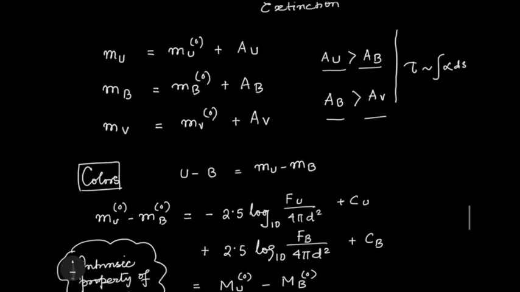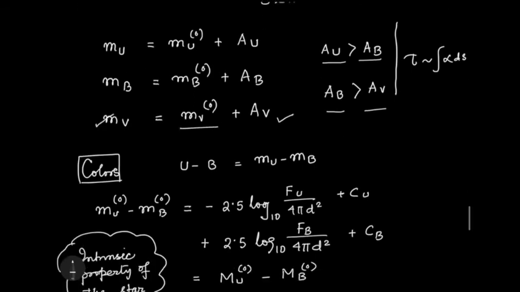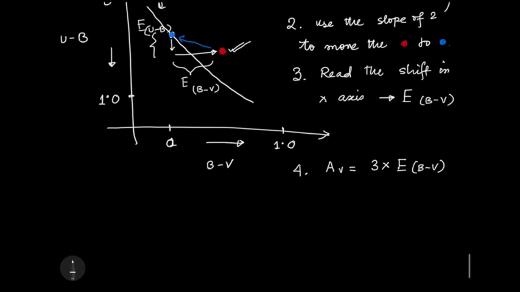Now once I know the extinction, it is straightforward, because I have measured M V, so I can know M V0. I calculate M V0 as M V minus extinction.